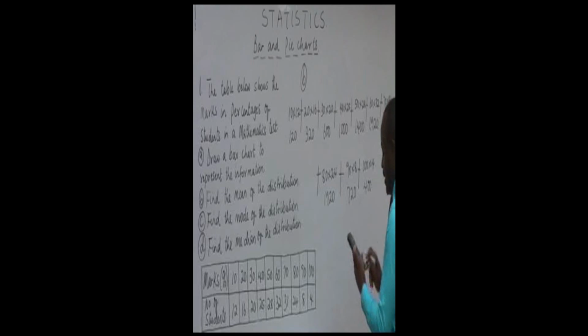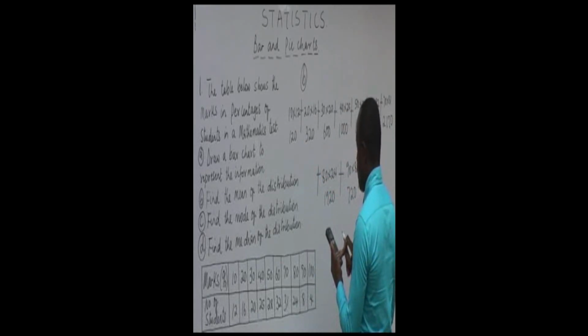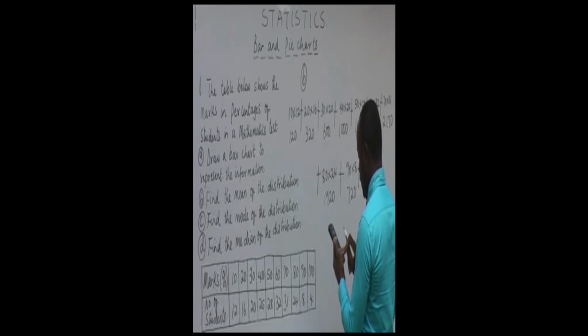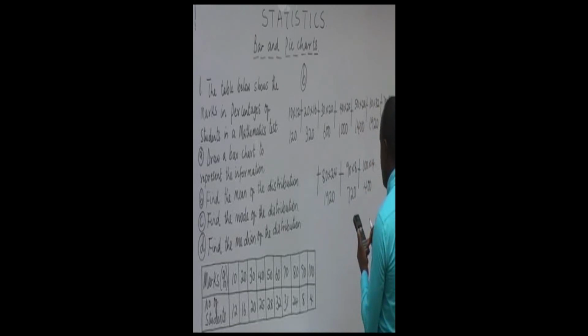So now let's add together. 120 plus 320 plus 600 plus 1,000 plus 1,400. I hope you're following me.